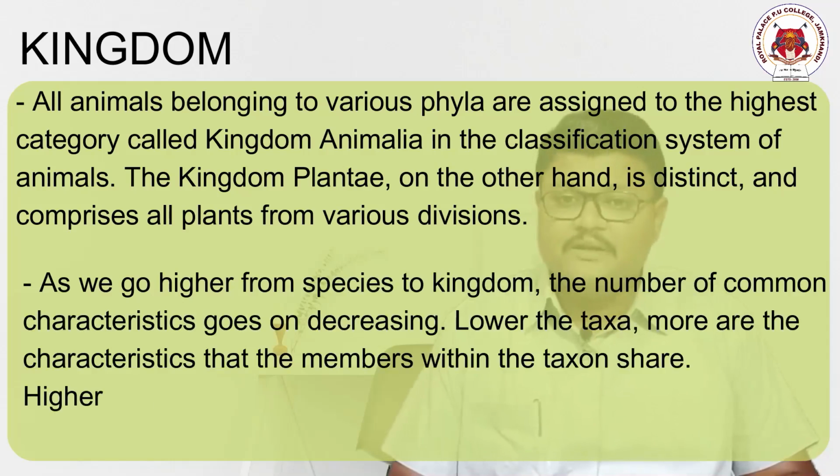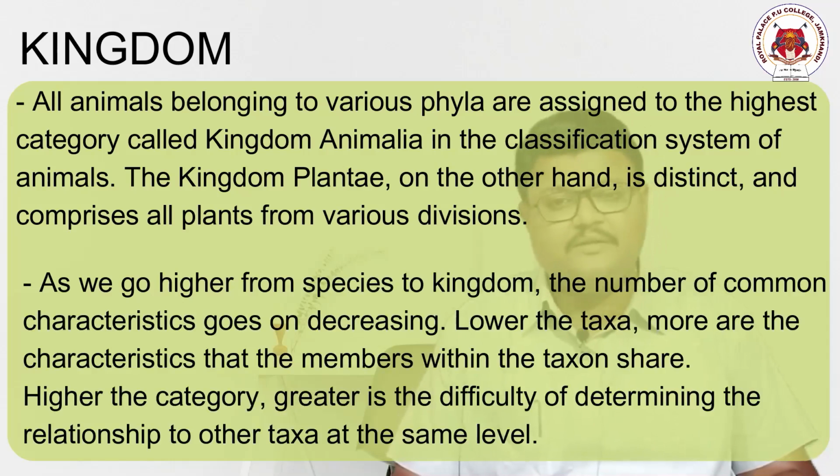But kingdom is the finest, last, topmost category which includes all the different phylums. So with respect to plants and animals, the kingdom contains the highest number of organisms and the lowest number of common characteristics.